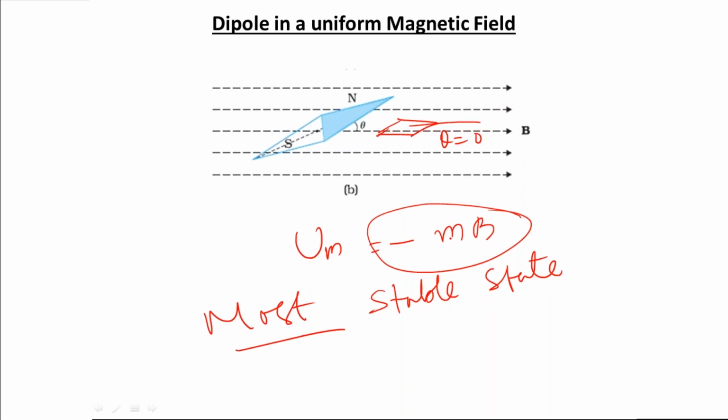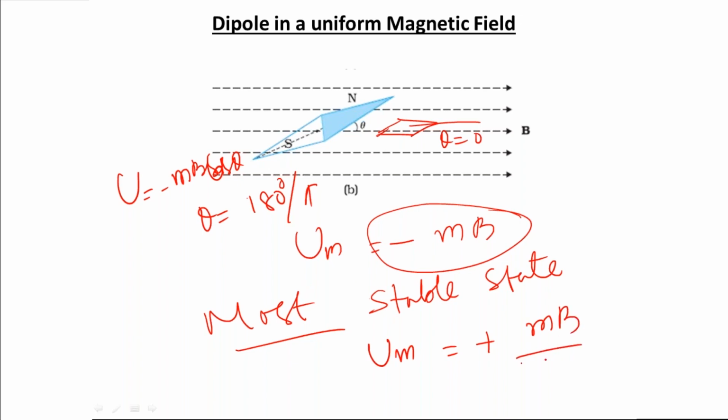Now, this is minus mB cos of theta. So when theta is 180 degree or pi radian, then what happens to this potential energy? The magnetic potential energy will be plus mB. So this is the maximum energy state. That means your magnetic field direction is this way, your dipole is this way. They are anti-parallel to each other.